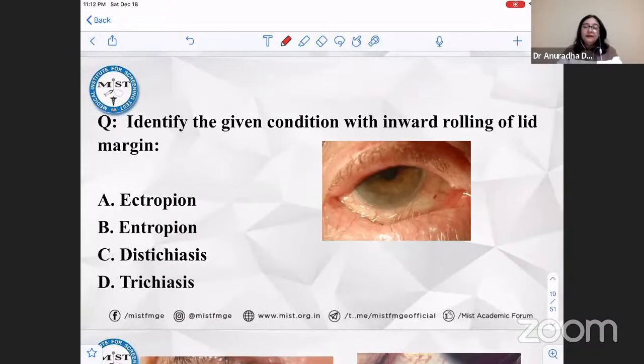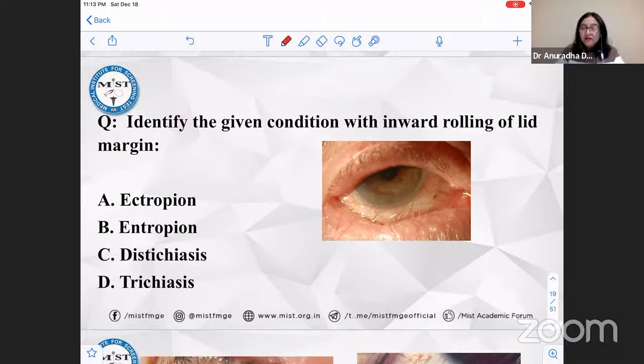The next question, again, whether it was given only as a statement or it had an associated image, there are two kinds of opinions about that. But even if there was no image and only a statement is given, you can identify the choice here. What was the question?